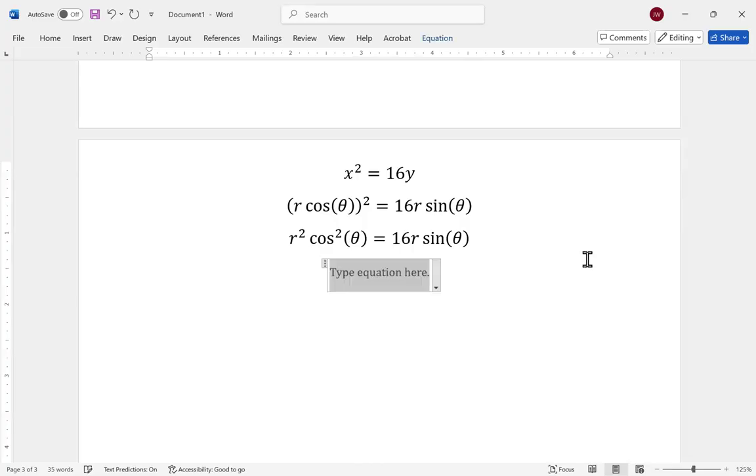So divide both sides by r, we would get r times the cosine squared of theta is equal to 16 times sine of theta.